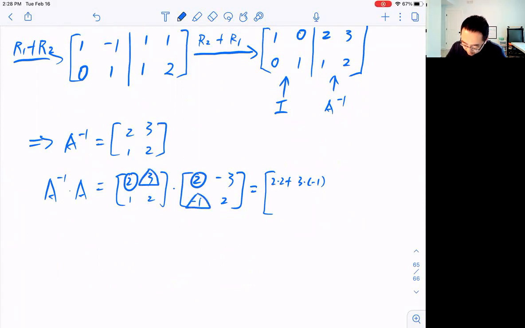That's how the multiplication works, if you remember. If you do that, that is 4 minus 3, so 4 minus 3 is indeed 1.